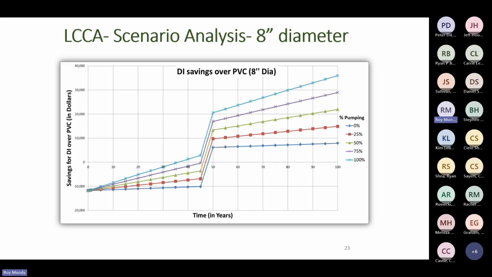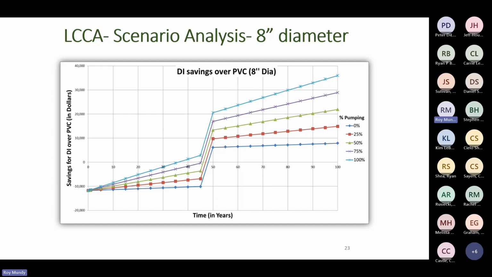Now, that savings was predicated on pumping. Basically, how much water are you pumping? Because the more water you are pumping, then you derive more energy savings because of the larger diameter of ductile iron pipe versus the smaller diameter of PVC pipe.